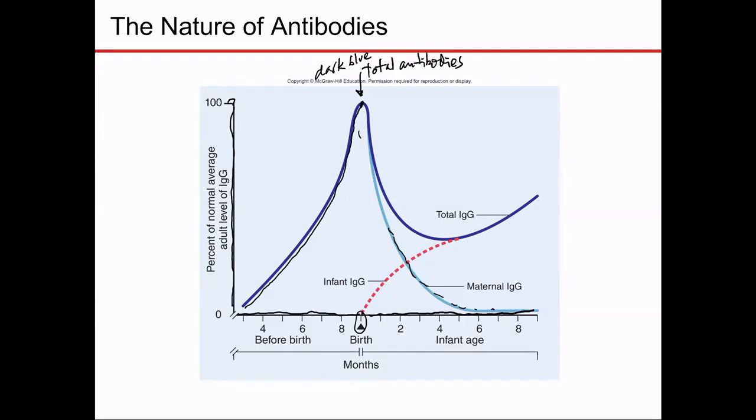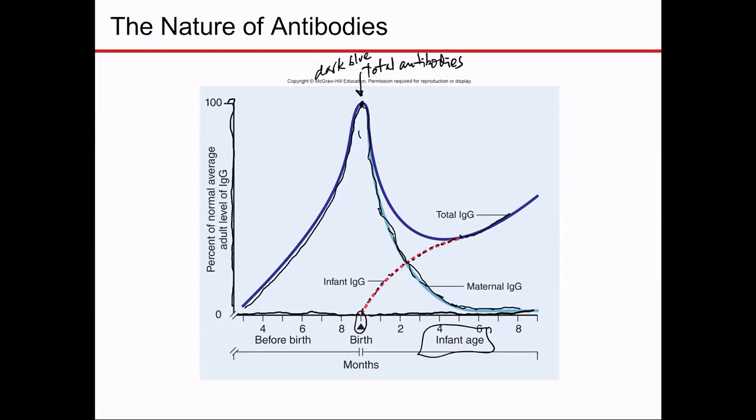Now, those antibodies that are being given by the mother, that are crossing the placenta, or that also are being given to the infant through breastfeeding, they don't last forever. At some point, those maternal antibodies will disappear. And then the infant's own immune system will have to start to produce those antibodies that you see here.